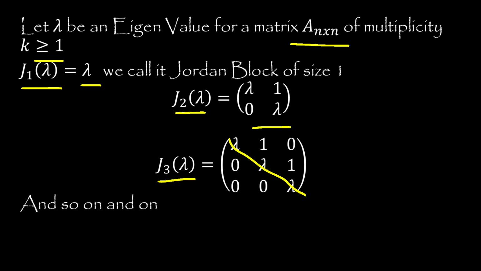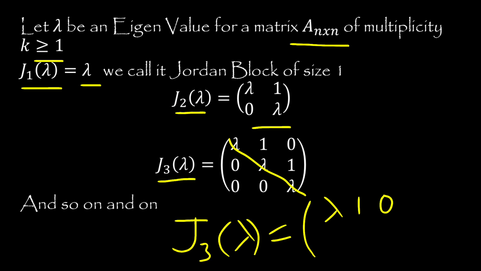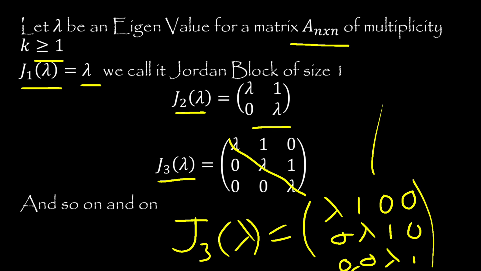So if, for example, we want to write the Jordan block of size 4, we'll have J4 of lambda equal to: alpha 1 0 0, then 0 alpha 1 0, then 0 0 alpha 1, and the last row is 0 0 0 alpha.